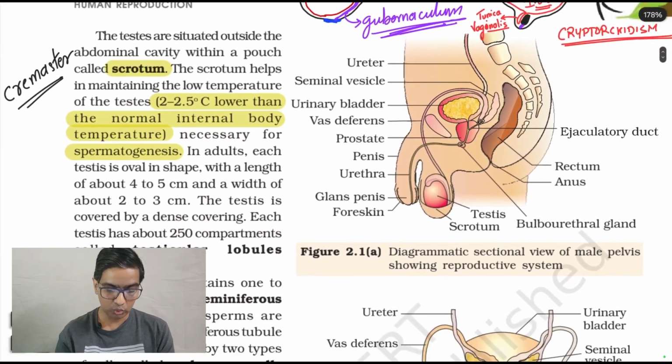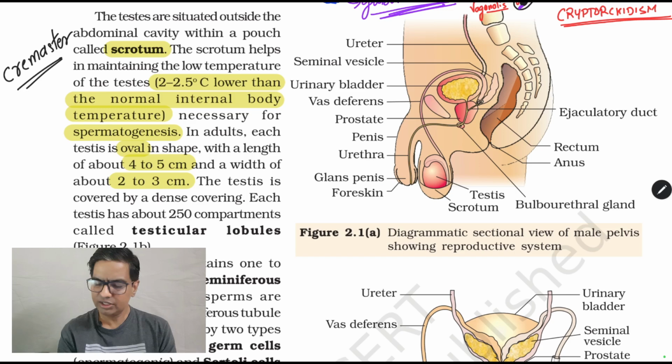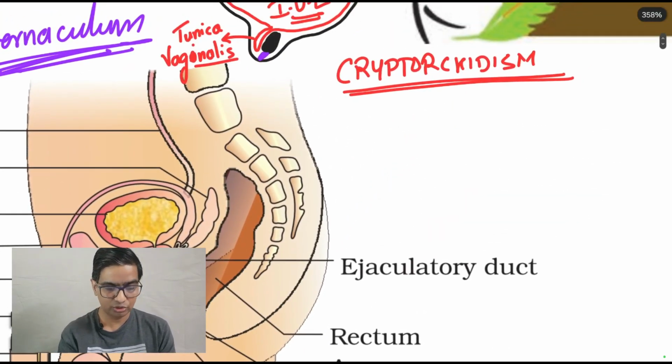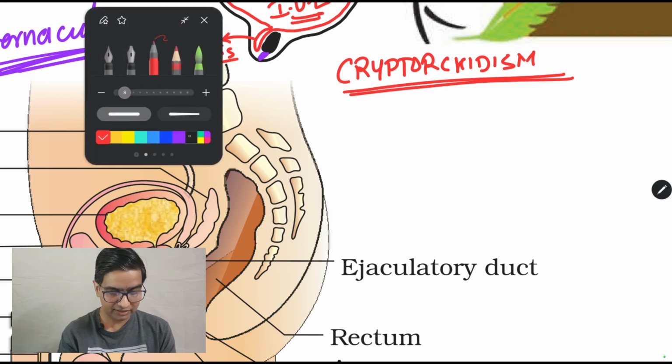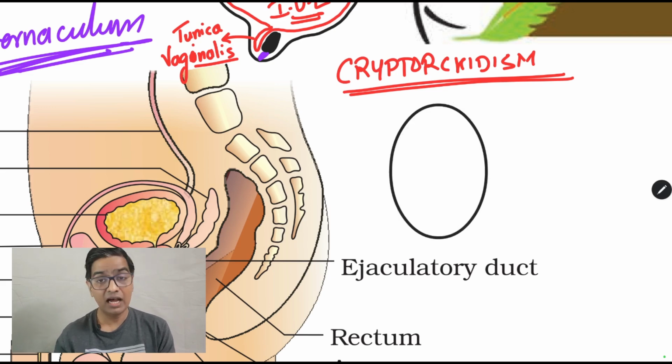Simple, cool. Now, things from the NEET perspective that you need to remember are: testes are oval in shape, the length is 4 to 5 centimeters, width is 2 to 3 centimeters, and the tunica vaginalis is the anteriormost part. It is the remnant of peritoneum. But surrounding the testes, the diagram that should have been given is something like this. If this is the testes, it is surrounded on all sides by a structure called the tunica albuginea.